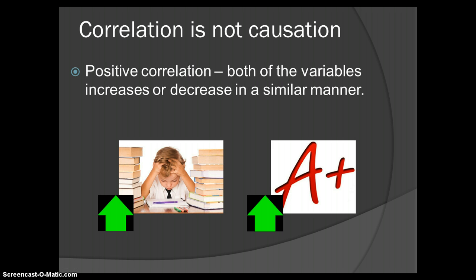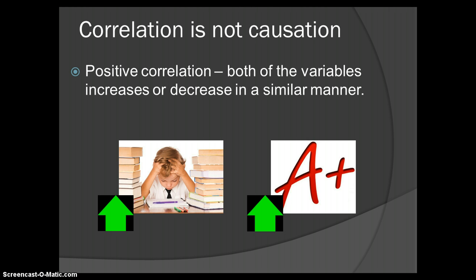And there can be positive and negative correlations. A positive correlation is when both of the variables increase or decrease in a similar manner. So, for example, the more you study, the higher your grades will be.